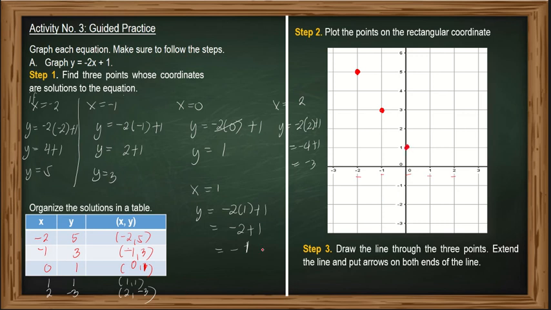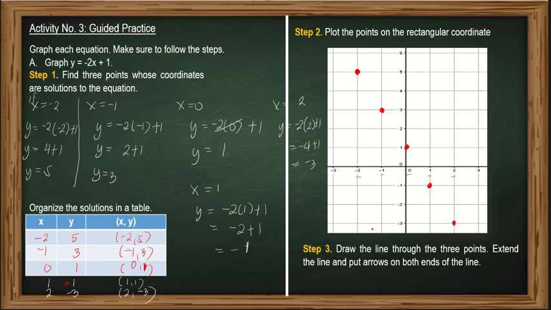Then we have 1 and -1. When x is equal to 1, it's negative 1. Then we have 2, negative 3.